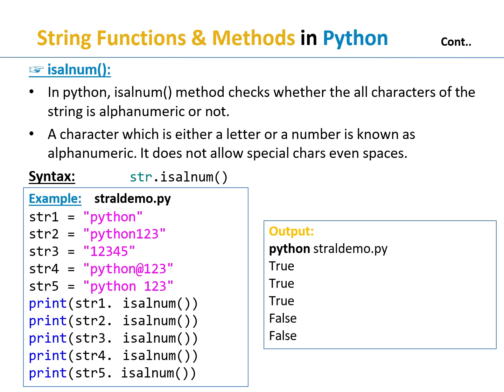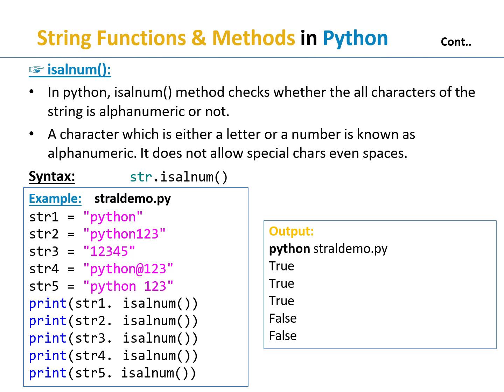Consider five strings. str1 equal to "Python", str2 equal to "Python123", str3 equal to "12345", str4 equal to "Python@123", and str5 equal to "Python 123". All the strings are printed.